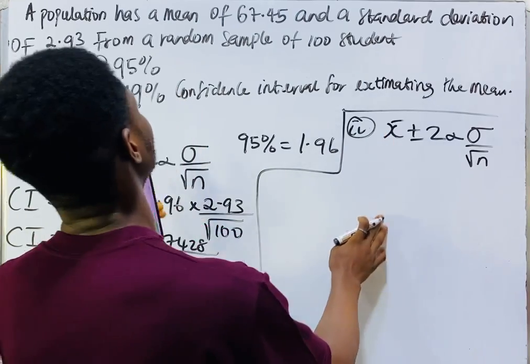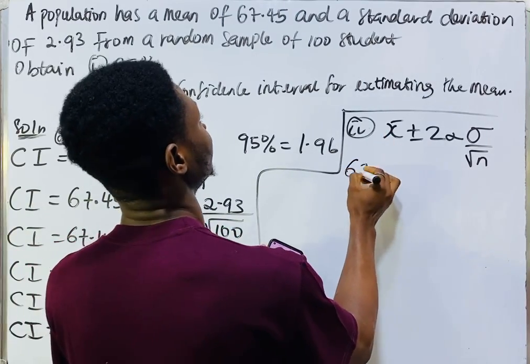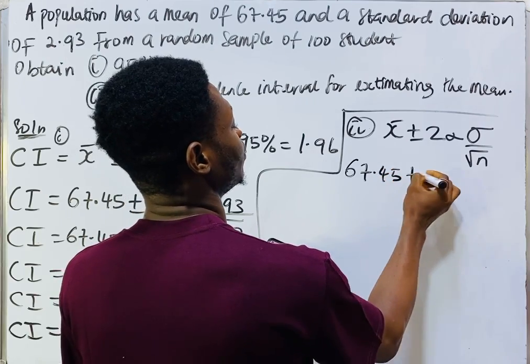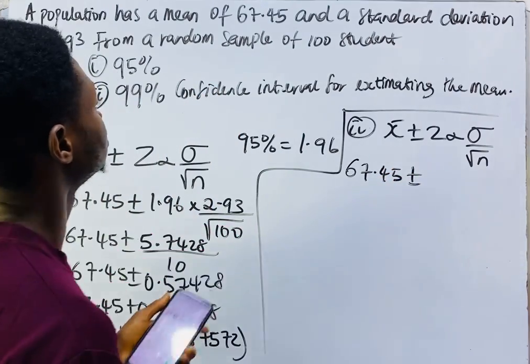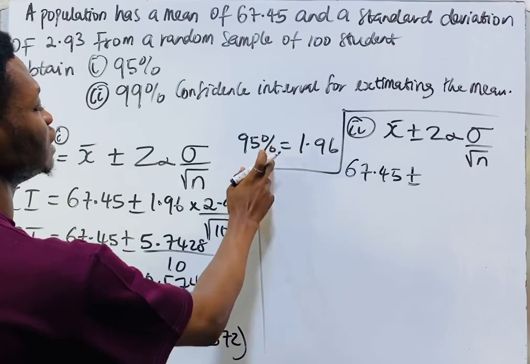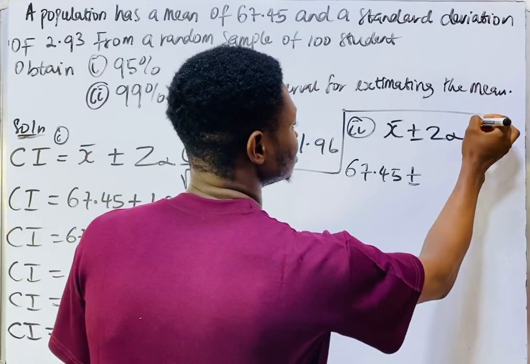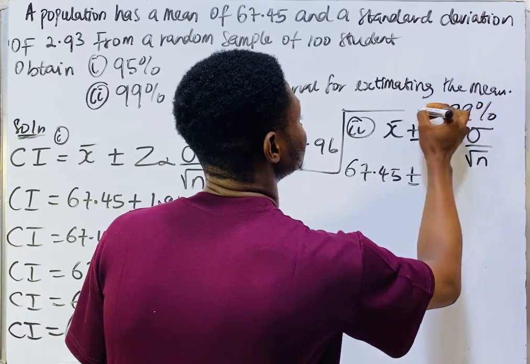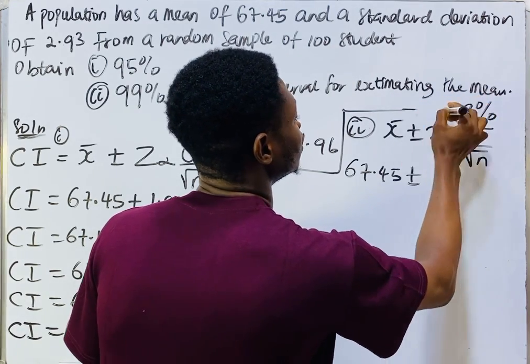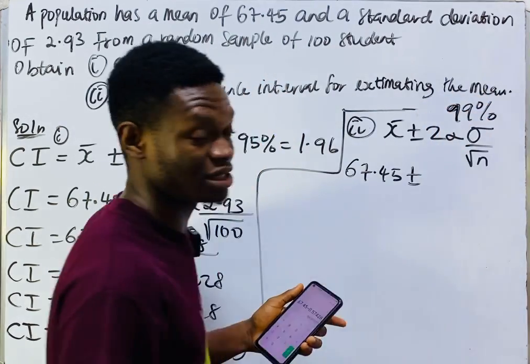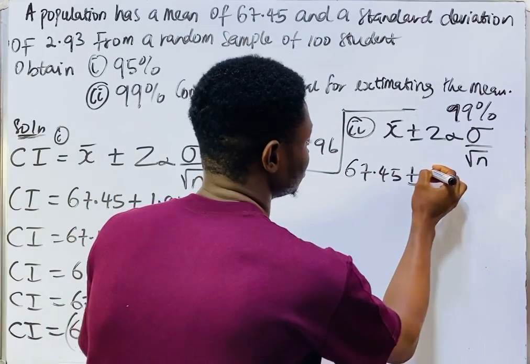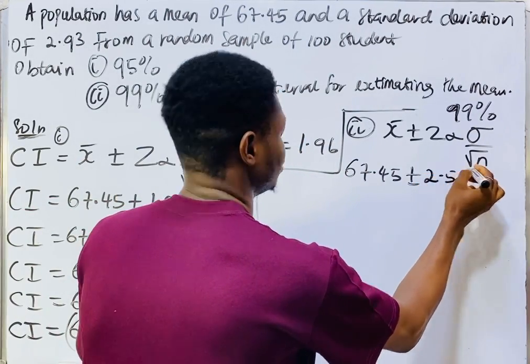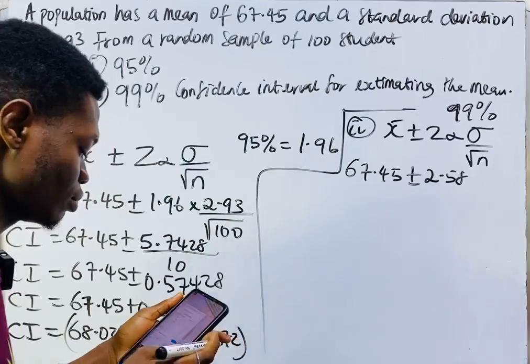So our x value is 67.45 plus or minus our z. What value is our z? We are solving for 99%. 99% is 2.58. See it here.